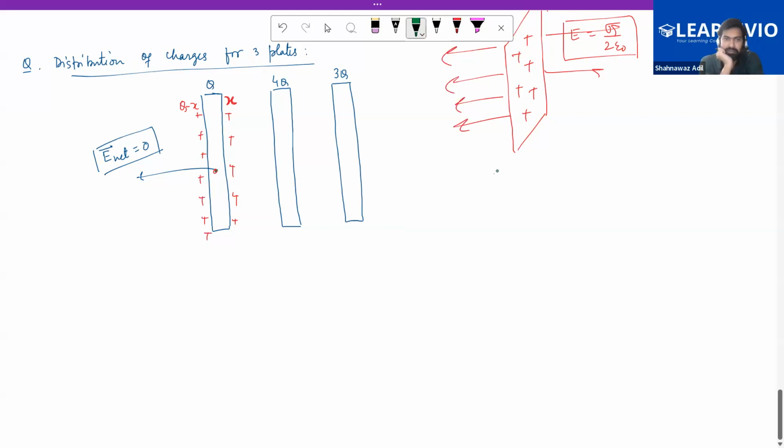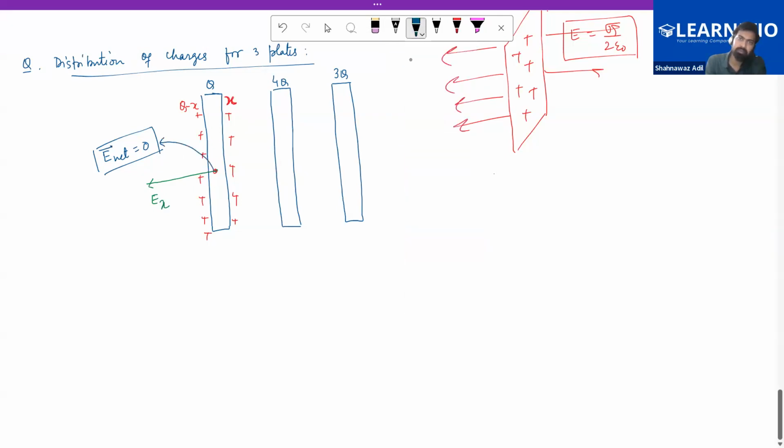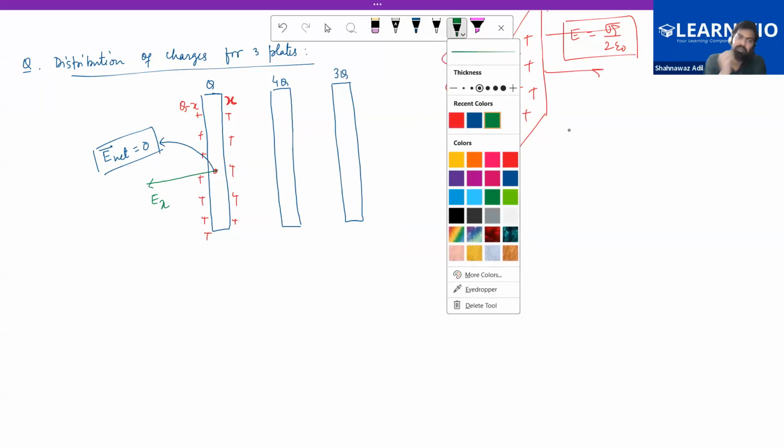This is positive, so the electric field should be outgoing. So that would be in this direction. Is it clear, guys? Yes, sir.